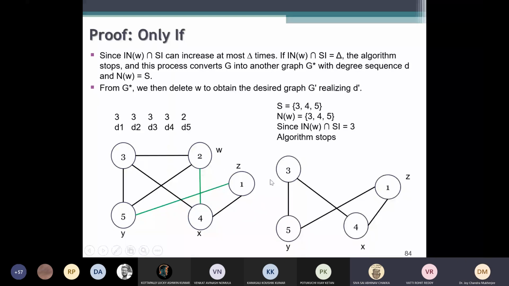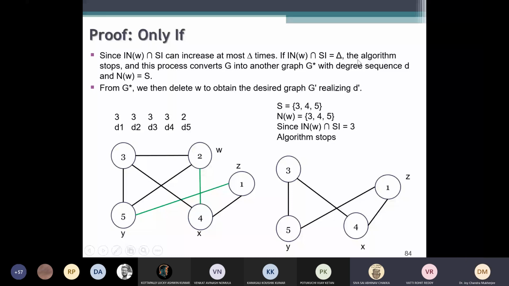As a result, this transformation will keep the vertex degrees intact. So now this vertex has degree 3, this vertex has degree 3, this vertex has degree 3, this vertex has degree 3, this vertex has degree 2. So it creates a new graph G star which respects this degree sequence.